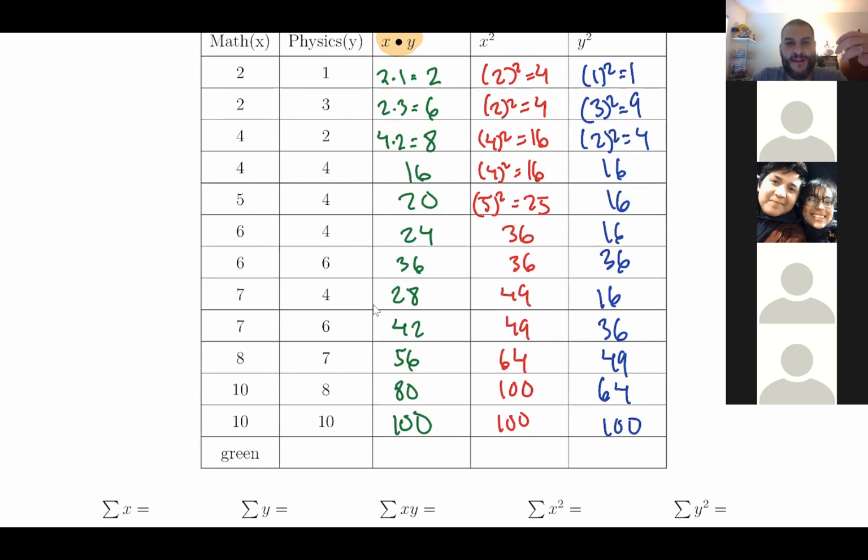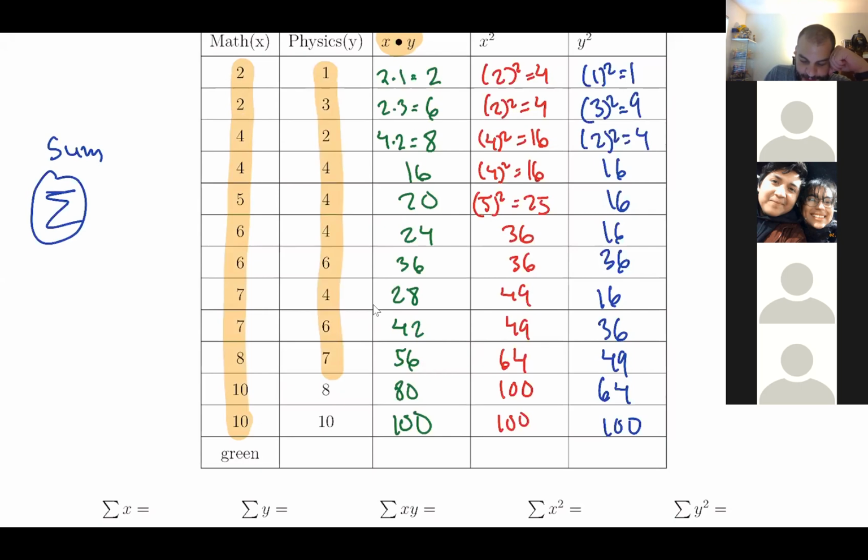Now we're gonna do this part of the formula. If you remember, this part of the formula means to sum. So I have to add up all of these numbers, all of these numbers, all of these numbers, and lastly, all of these numbers.